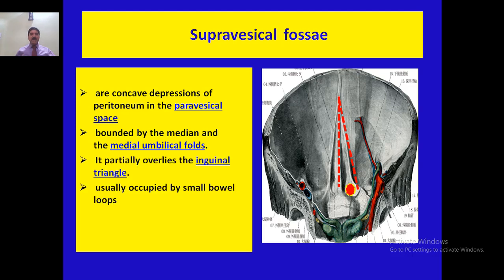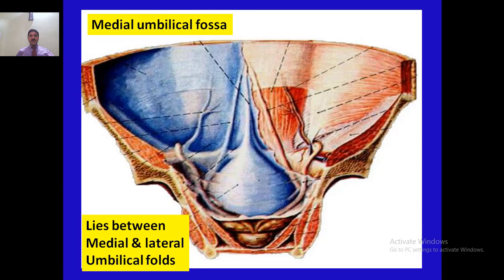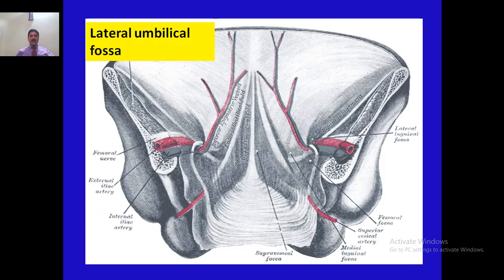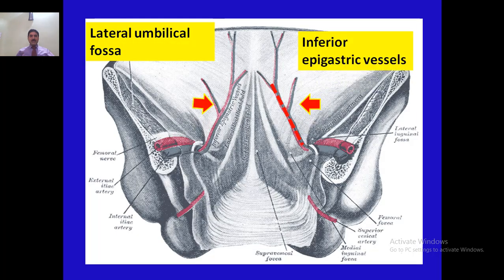It partially overlies the inguinal triangle and is usually occupied by bowel loops and the bladder fundus when the bladder is distended. The medial umbilical fossa lies between the medial and lateral umbilical folds. The lateral umbilical fossa lies lateral to the inferior epigastric artery.